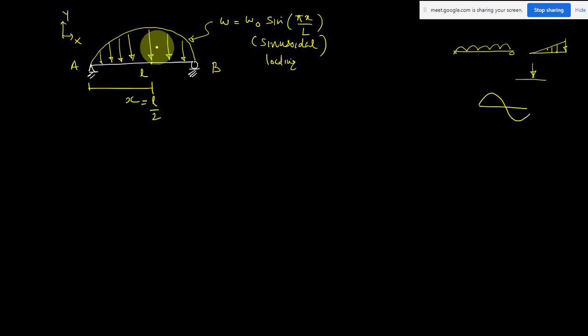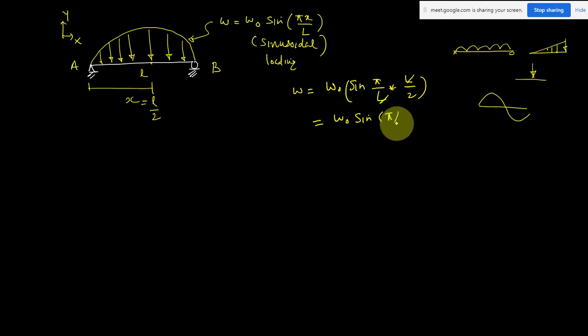What is the intensity of the load? We can use the equation W equals W0 into sine of pi by L into x, with x equal to L by 2. So L gets cancelled. W equals W0 sine of pi by 2, that is equal to W0.